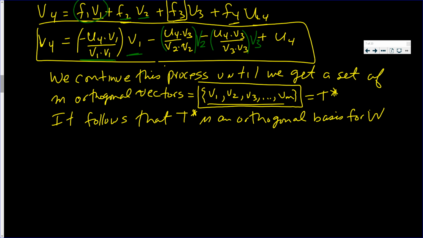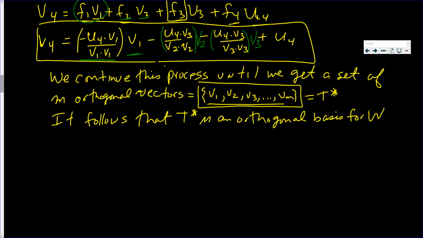Now, how do you make an orthogonal basis an orthonormal basis? Basically, how do you make any orthogonal set an orthonormal set of vectors?